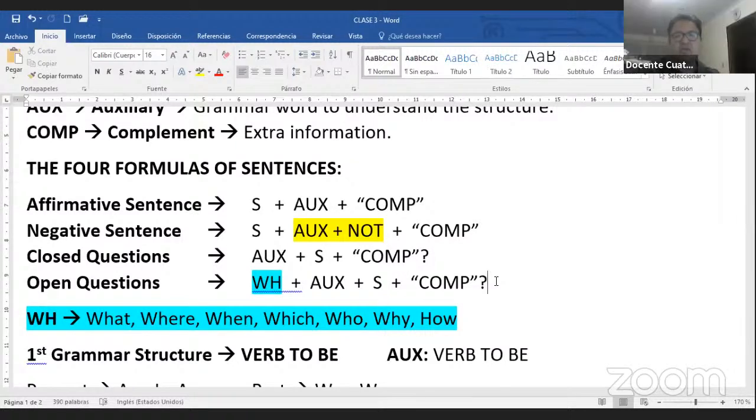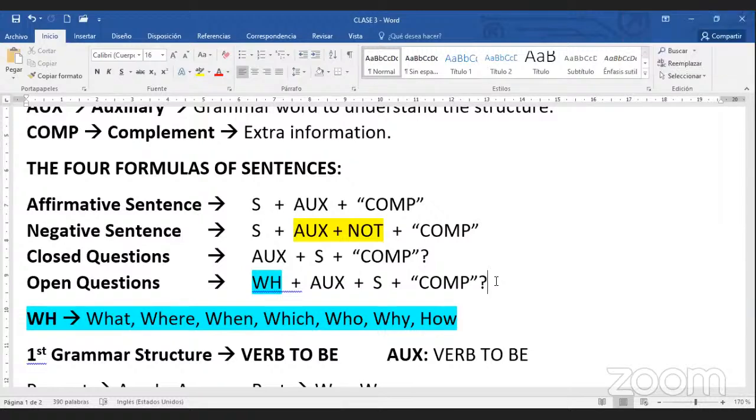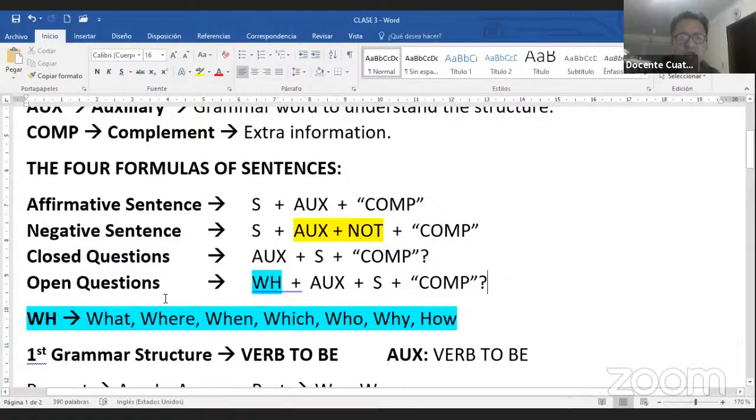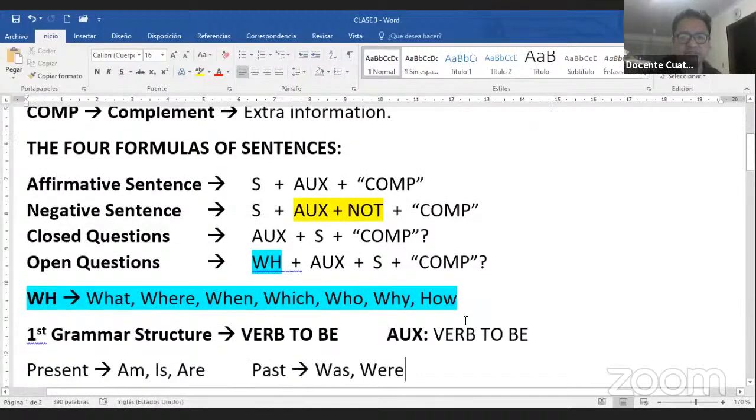Very good. So it's the same idea as the closed question, auxiliary, subject, complement. But in open questions, at the beginning, we have a WH word. Which are the WH words? What, where, when, which, who, why, how. You have to choose one of them and see which is necessary for your expression.